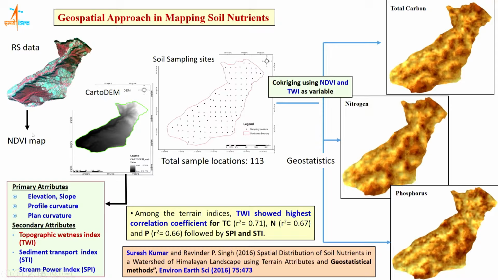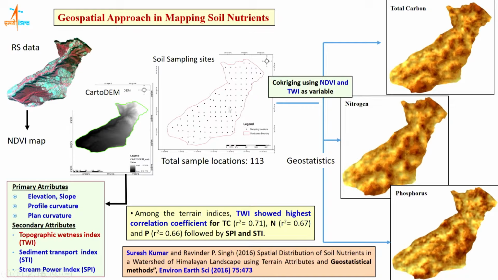You can generate the NDVI map or spectral index. Here you have the digital elevation model, Cartodem. You can generate the various terrain attribute maps: the primary terrain attributes, secondary terrain attributes, and these are the soil sampling points.